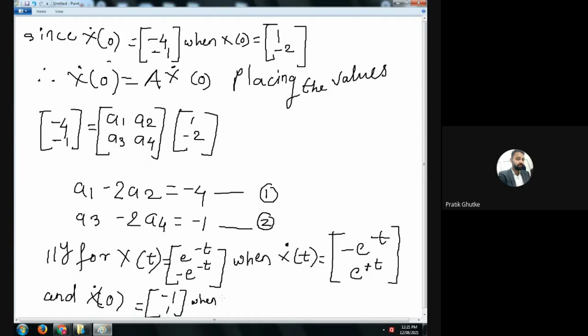When x of 0, क्वेश्चन में दिया है x of 0 कितना था? x of 0 दिया था तुमको 1, -1. ओके. ये कंडीशन दी थी.